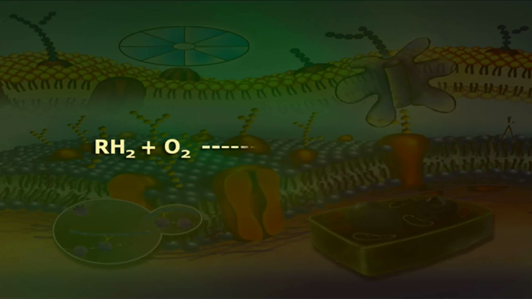Peroxisomes contain one or more enzymes like D-amino acid oxidase and urate oxidase that use molecular oxygen to remove hydrogen atoms from specific organic substrates, that is R, in an oxidative reaction that produces hydrogen peroxide. You can have a look at the reaction: RH2 plus O2 gives rise to R plus H2O2, that is hydrogen peroxide.